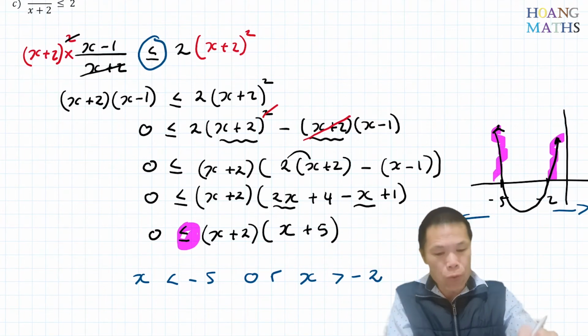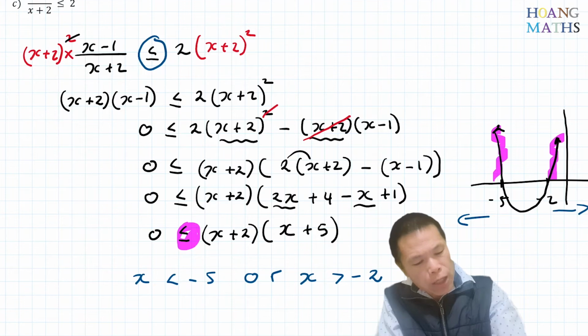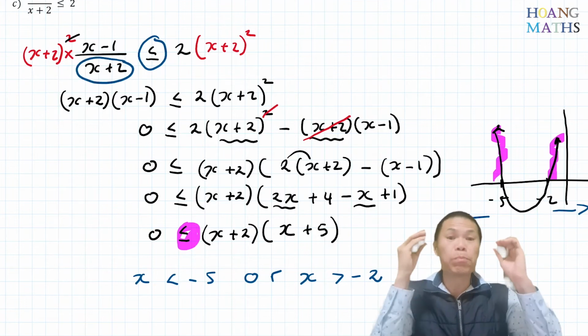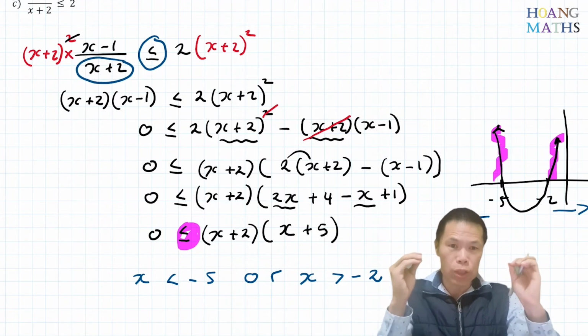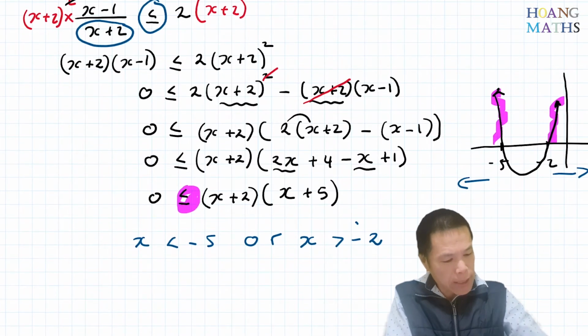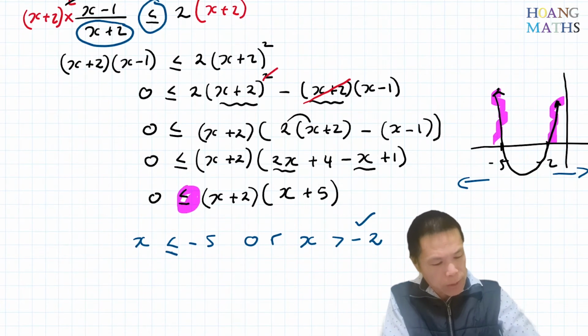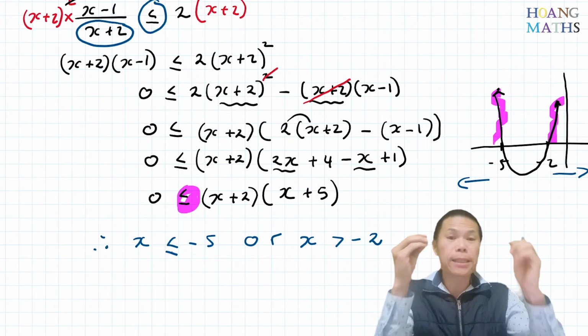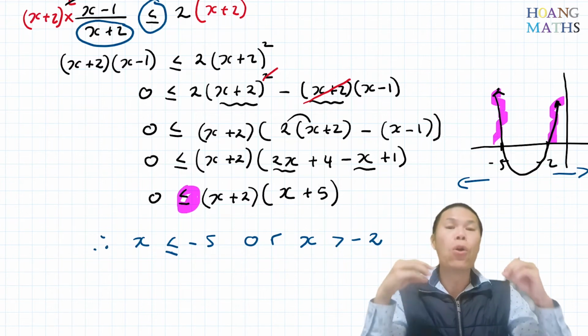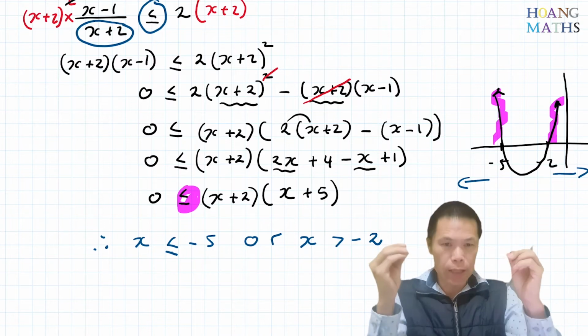But then be careful. In here, x cannot be equal to negative 2. Denominator cannot be equal to 0. So therefore, this is correct, and this one, we need to put an equal sign. There you go. So therefore, x is less than or equal to negative 5, or x is greater than negative 2.